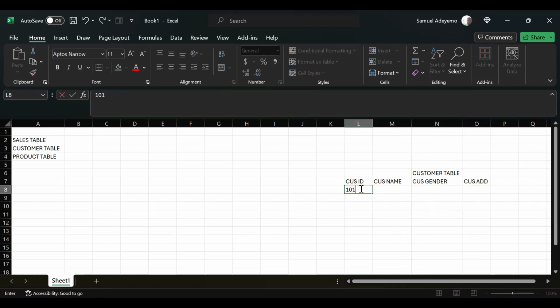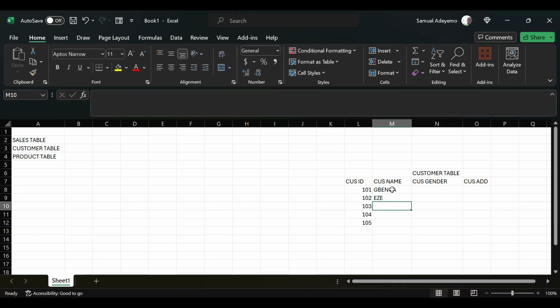So I have customer 101, I have customer 102, I have customer 103, I have customer 104, I have customer 105. I have customer name. Let me put my name. I have Benga, I have Eze, I have Femi, I have Adiola, I have Miriam, right?